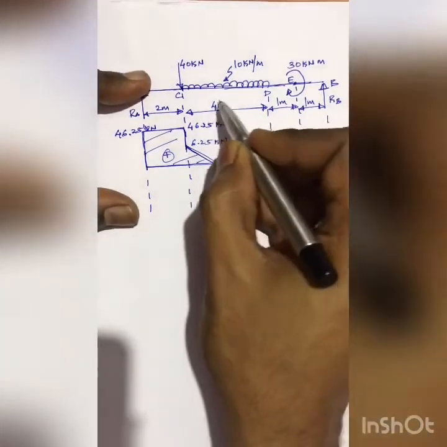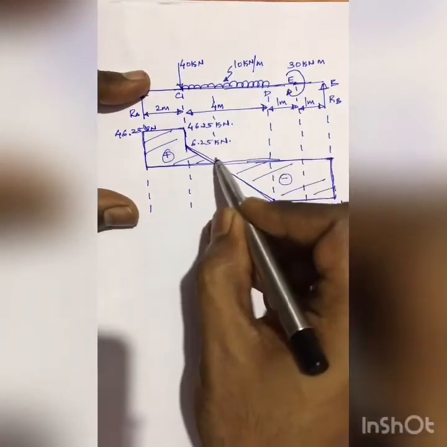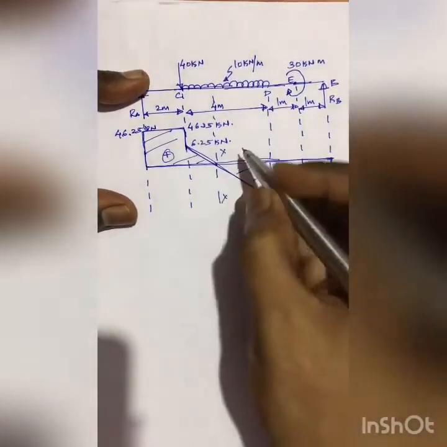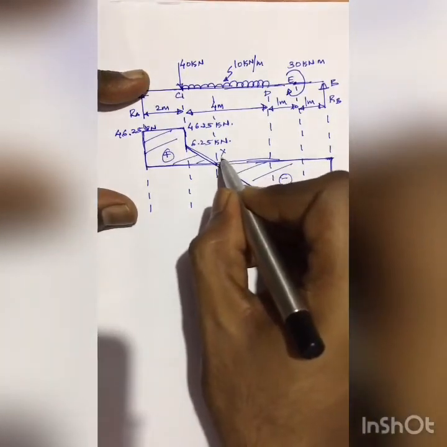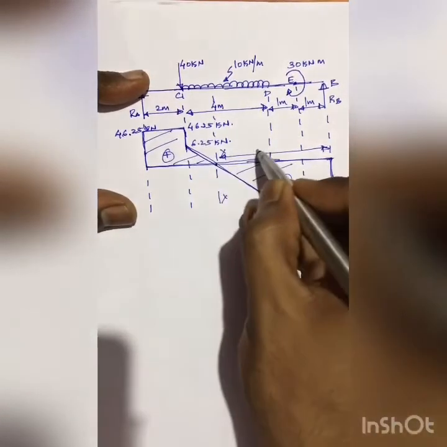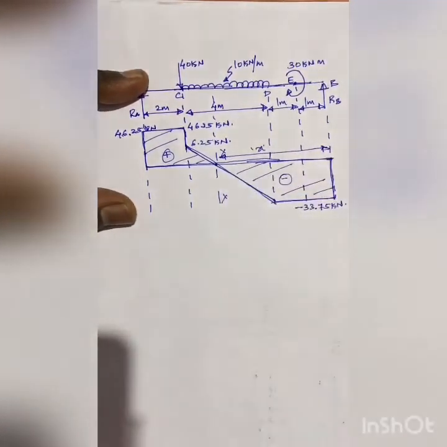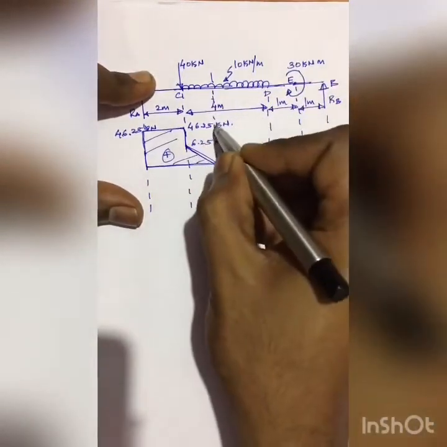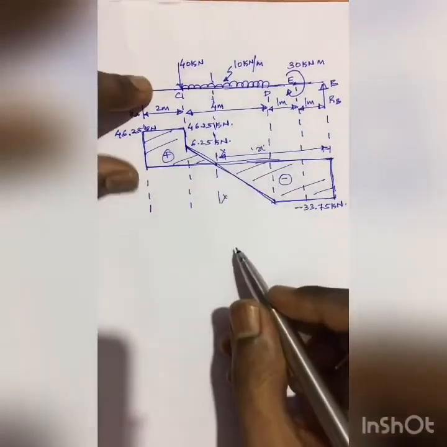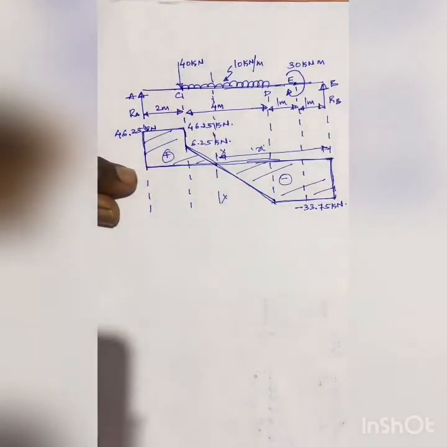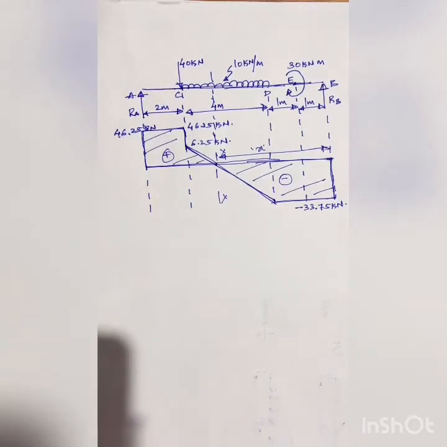Let this be section x at a distance of x from the right hand side. It is somewhere here. Now we know that shear force at section xx is 0.